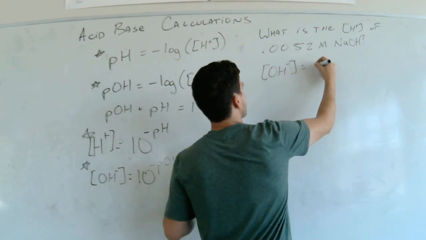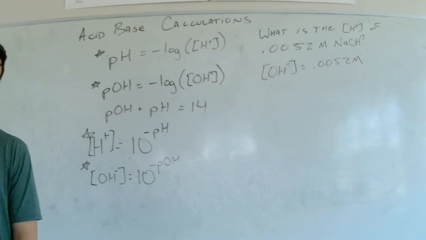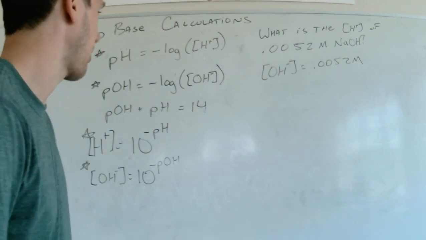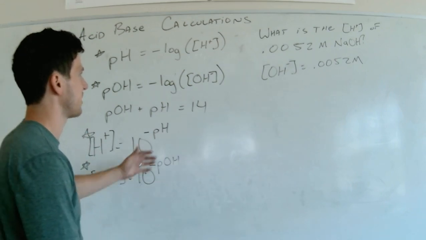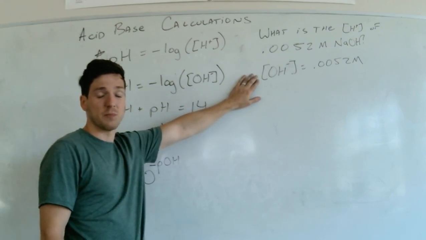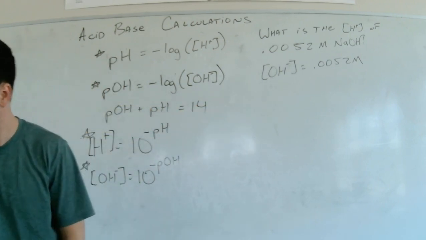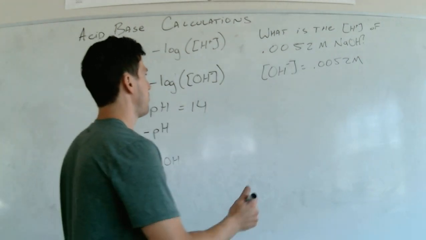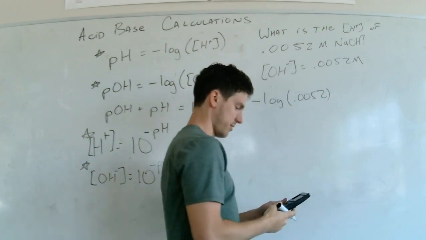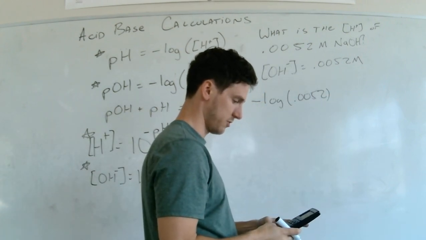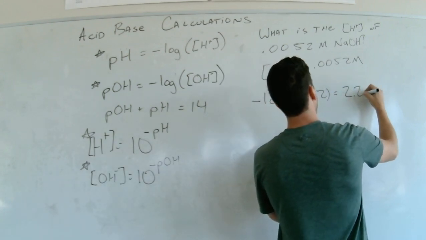NaOH is a strong base. So I need to get all the way from OH minus to H+. Well, what's the only thing we could really do with OH minus right now? We could only plug it into one place, and that's pOH. So let's start there. Let's just take the negative log of 0.0052 and see what we get. Negative log of 0.0052, and we get a pOH of 2.28.